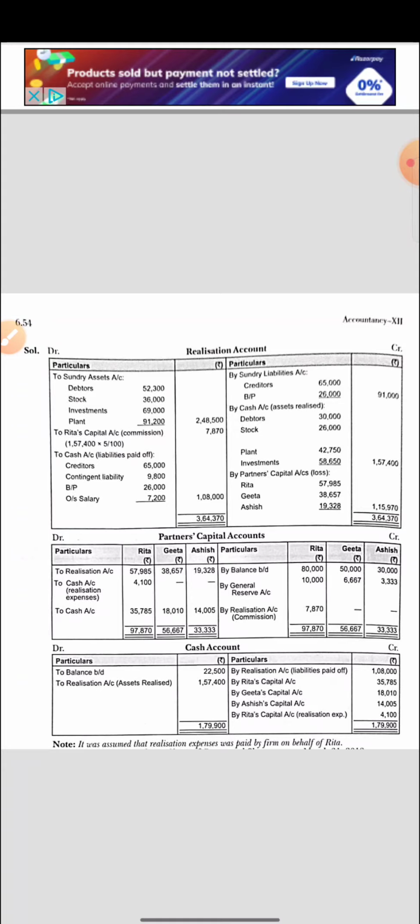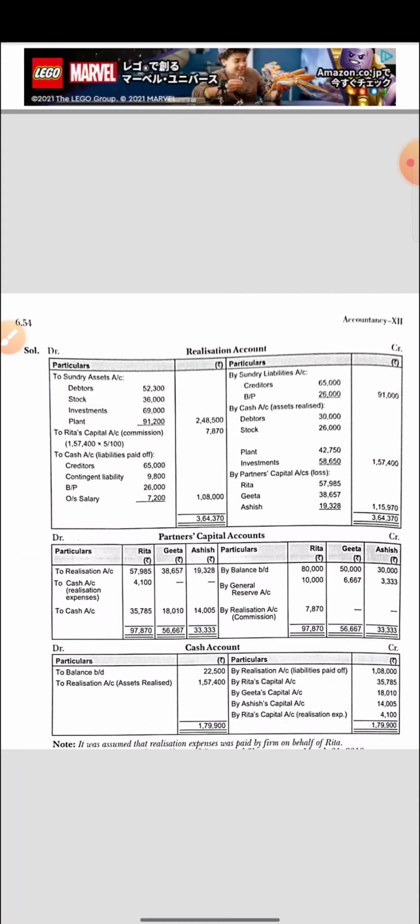So once you finish with partners capital account, you'll have to prepare cash account or bank account. Now in cash account or bank account, they are both the same. When you make payment by bank, by check, by Google Pay, it will be called bank account. But when you make payment with your money, the cash, the paper, the notes, that is called cash account.